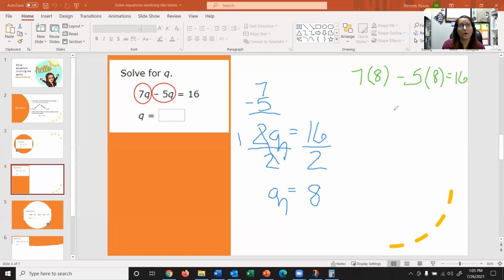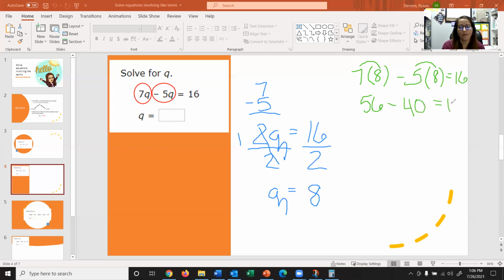And it's important in this case to remember your order of operations, okay? We have to do parentheses, then exponents, and then multiplication and division go together, and then addition and subtraction go together. So we're going to multiply first. We're going to multiply 7 times 8, which is 56, and we are going to multiply negative 5 times 8, which is a negative 40.